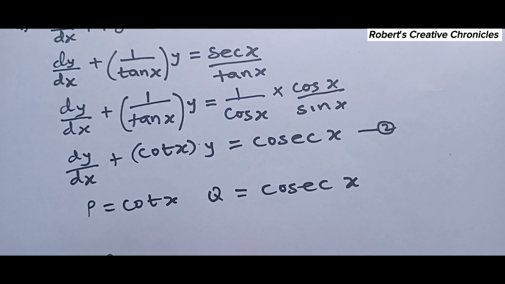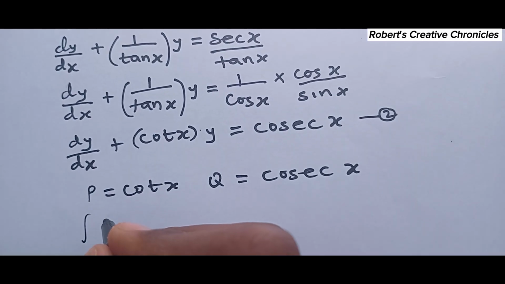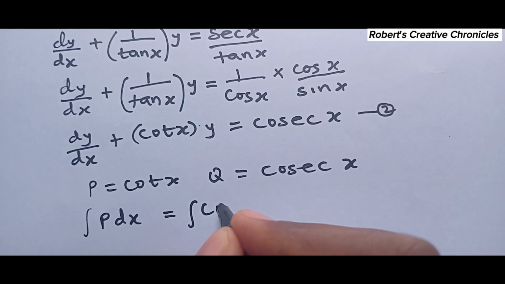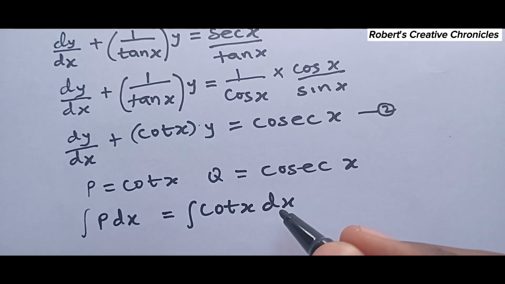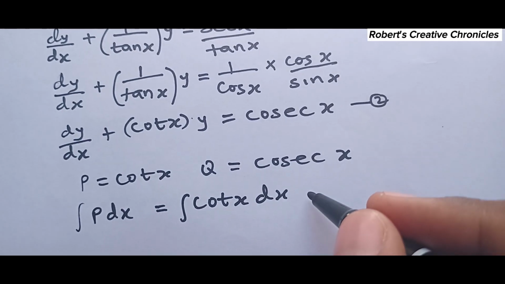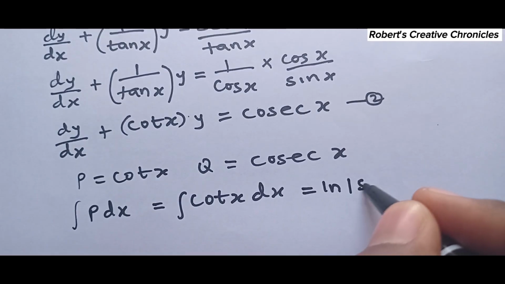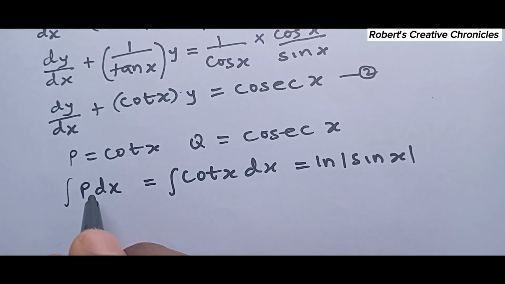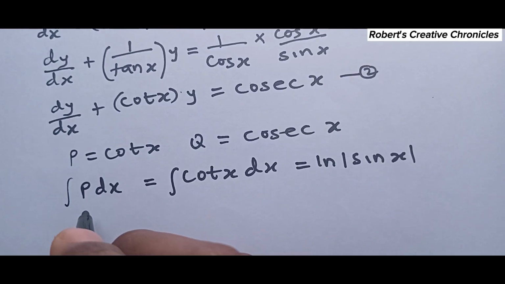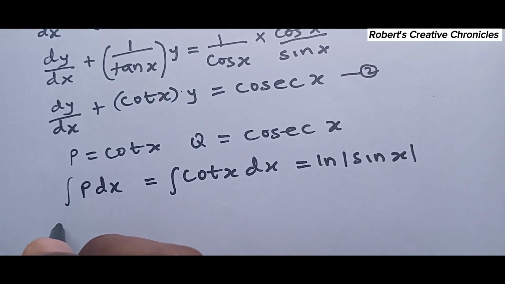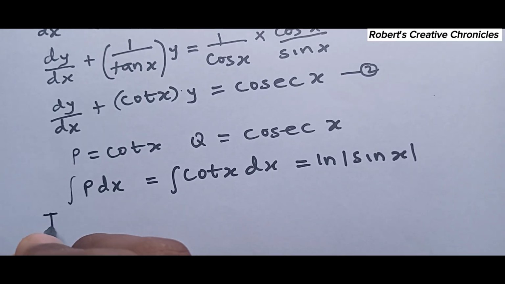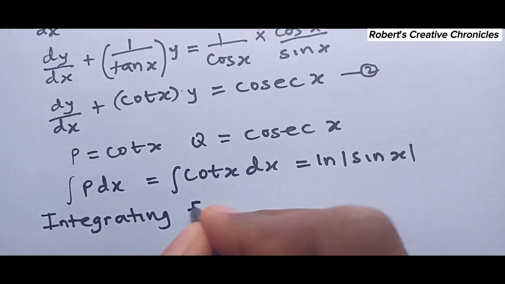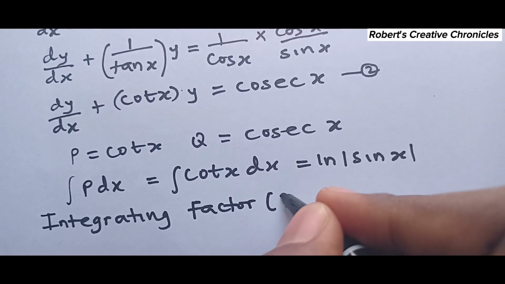So we'll find the integral of p with respect to x, which is the integral of cot x dx. Now the integral of cot x dx is ln sine x. Then the next thing we're going to do is introduce an integrating factor, called IF.